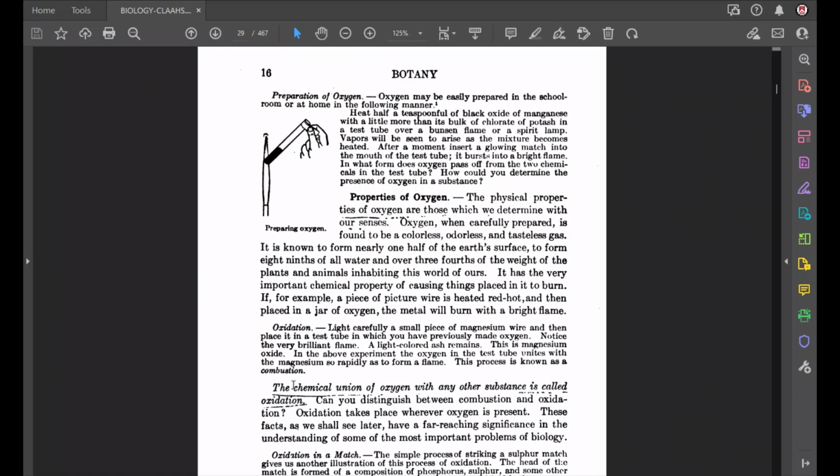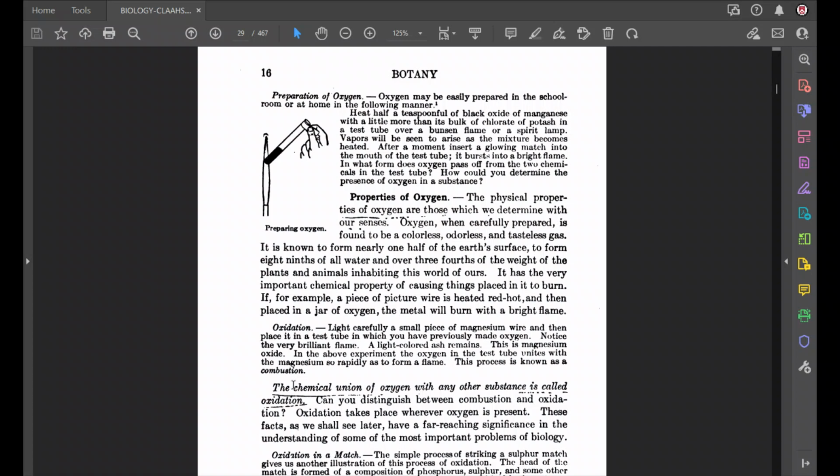So put a half a teaspoonful of black oxide of manganese and a little more than its bulk of chlorate of potash or potassium in a test tube over a Bunsen flame. A Bunsen flame in a chemistry lab is a little gas burner. So you can just turn on the gas, light the flame, and you've got this little gas flame that you can use to heat things up.